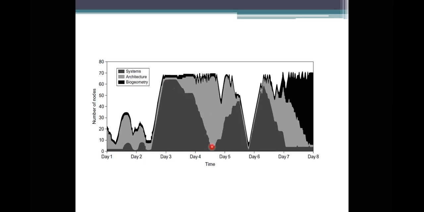So we can't say that the overall computation will use 65 systems, which is the maximum here. If it is using 65 systems as a maximum, we can't say that throughout the 8 days it is using that number of nodes to process the data. On the first day, it is using only 2 systems to process that data.